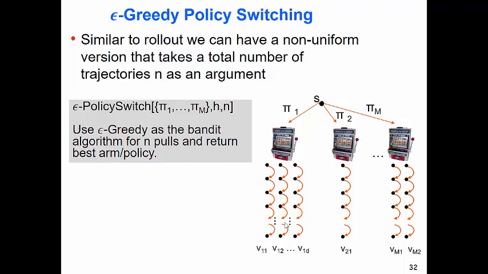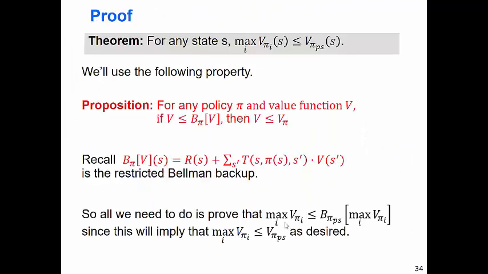Anything else? All right. This is a fairly easy proof to go through, so we'll go through it quickly. The proof hinges on this little proposition, which is useful from time to time. If you have a value function, and remember this is the restricted Bellman backup, it's doing one of those policy evaluation iterations.